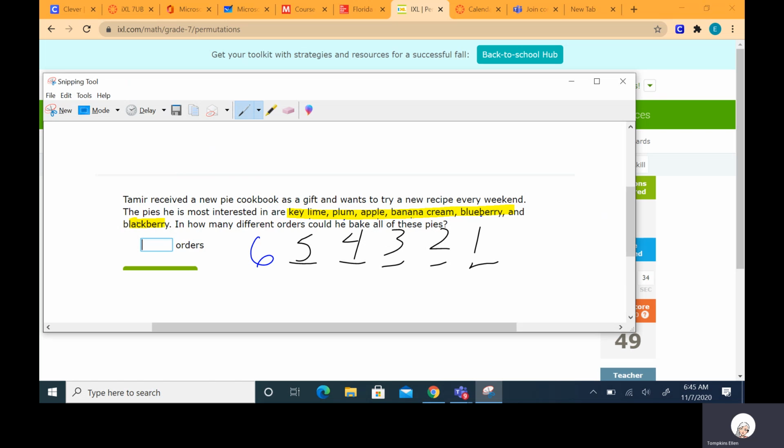And I'm writing these spaces out like that because if I had this 6, 2, that would be something different. And I'll show you what that is. But they just want to know how many pies he can make.